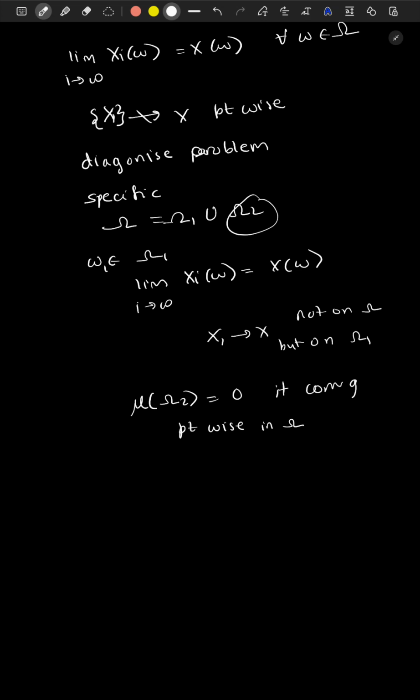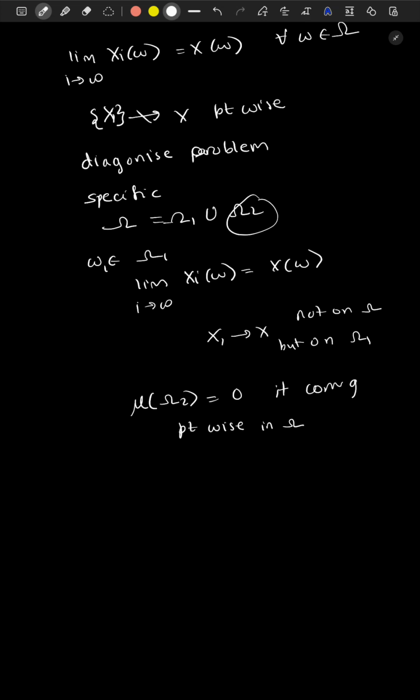So one trivial example would be a function defined on R that converges pointwise except that it does not satisfy this at a few finite points in the domain. You can feel like, okay, just ignore those points, they don't have much weightage. This is just capturing that notion.